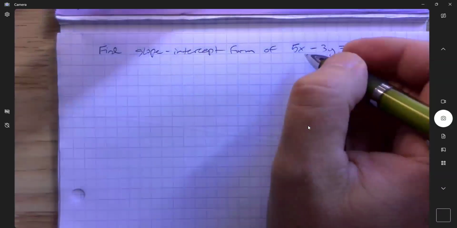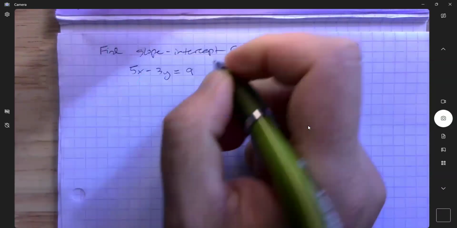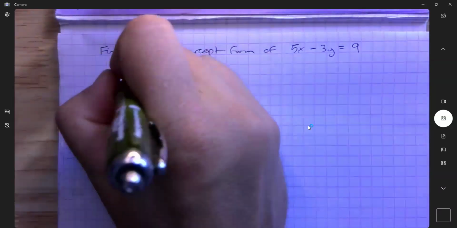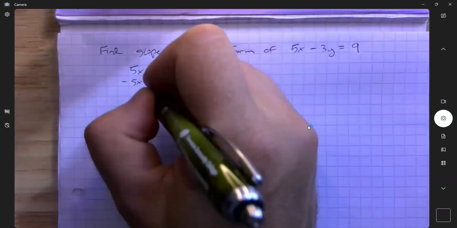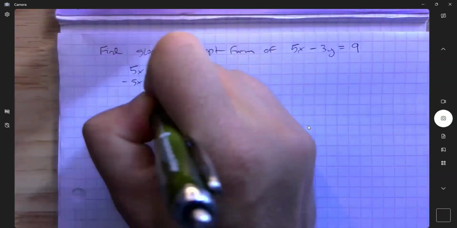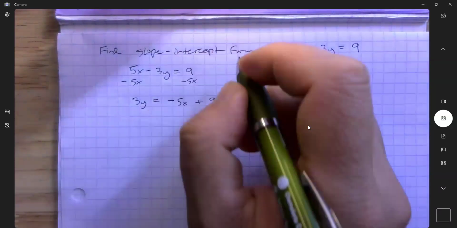So the first thing I would do is take my two-variable equation and solve for y, which involves subtracting 5x from both sides. And that gives me negative 3y equals minus 5x plus 9.